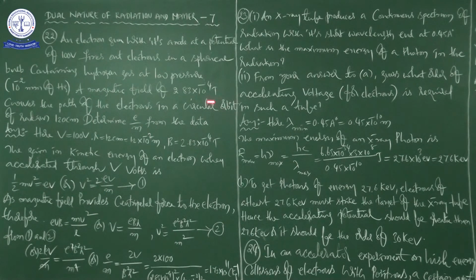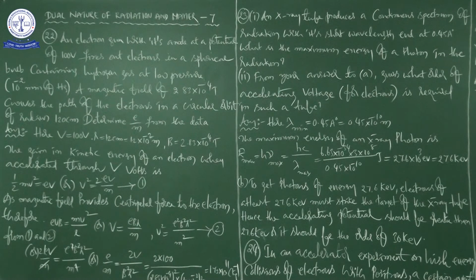A magnetic field of 2.83 into 10 to the power of minus 4 Tesla curves the path of the electrons in a circular orbit of radius 12 centimeters. That is 12.0 centimeters. See here, R is equal to 12 centimeters we have taken. Determine e by m from the given data.